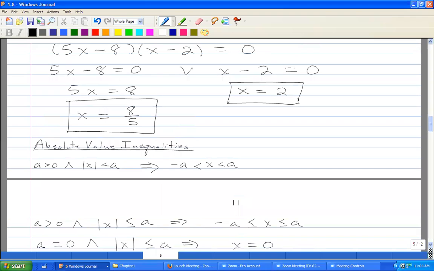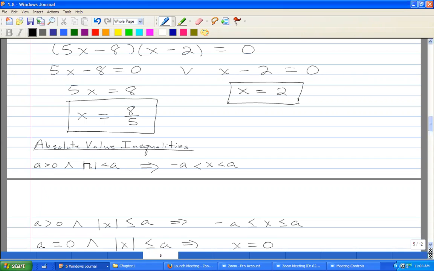So let me look first at the absolute value of x being less than a. Just like what we did with equations, the first case is where a here is greater than 0. They have to be dealt with on a case-by-case basis.